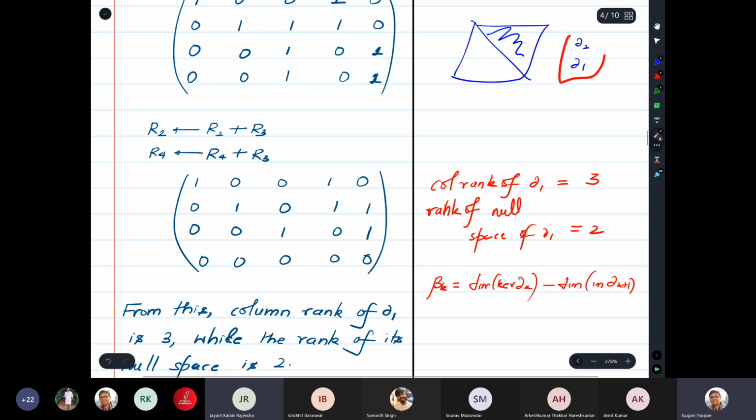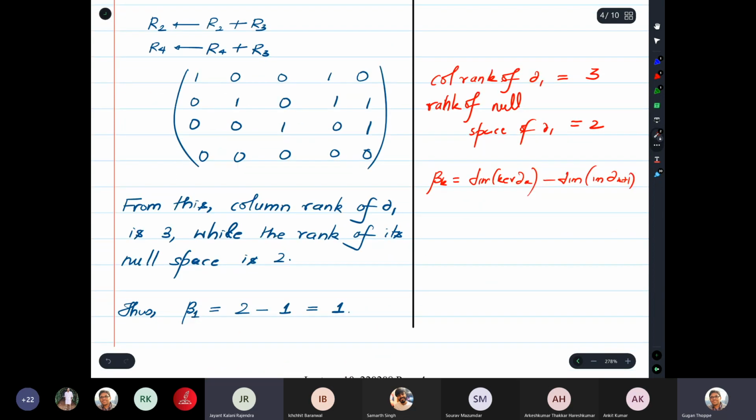And now we computed the column rank of both these operators as well as the rank of the null space corresponding to both these operators, right? And we did that by reducing both these operators to their row reduced echelon form, from where we can easily decipher what their column rank and rank of their null space should be. So we were able to decipher them, and now we have those numbers, right?